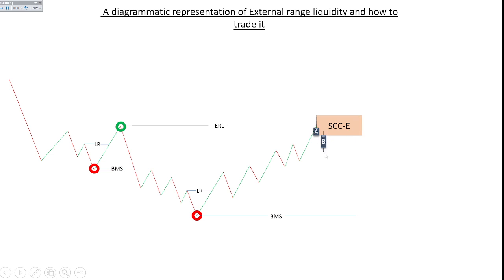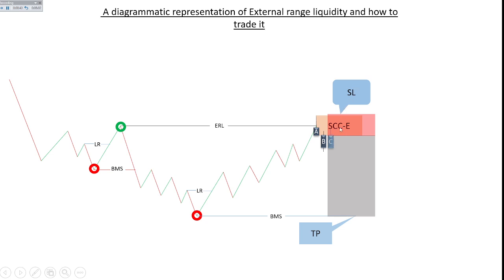You wait for the next candlestick to mitigate, and as C mitigates your single candle confirmation entry, you consider that the confirmation and execute. Price moved to the downside. You're targeting this low, and you place your stop loss above here. But this doesn't mean that price cannot move to the upside.